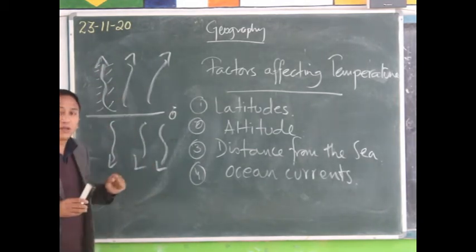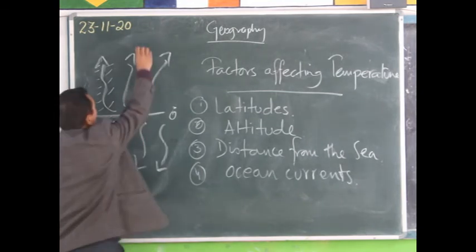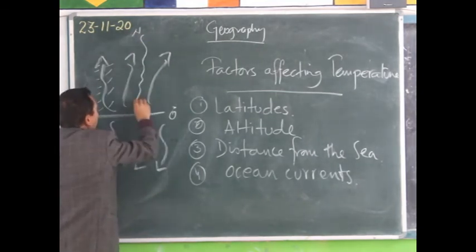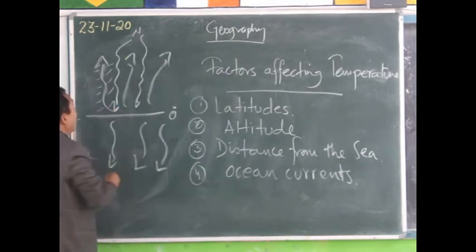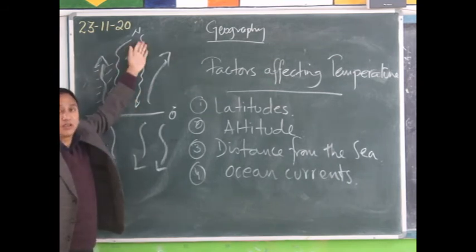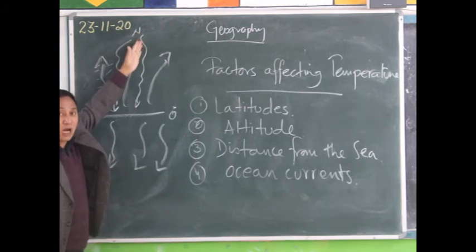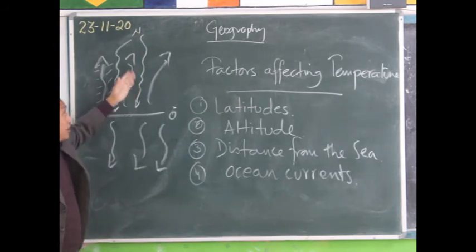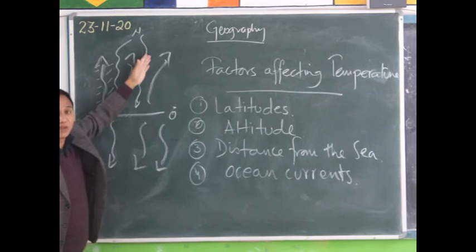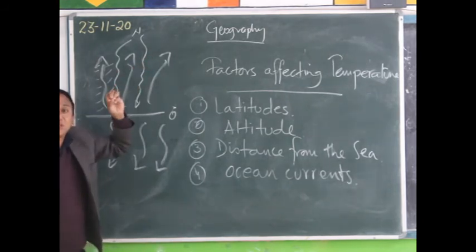water is warm. Similarly, if cold ocean currents come down from the North Pole, these waters are very, very cold. So when these waters from the North Pole come down towards the equator, whichever coastal areas these waters pass by, the temperature decreases.